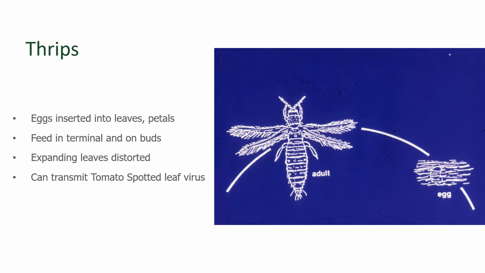The problem with thrips is they also can transmit a disease called tomato spotted wilt virus. For backyard gardeners, this is the most significant disease that thrips transmit or vector for us here in Colorado.